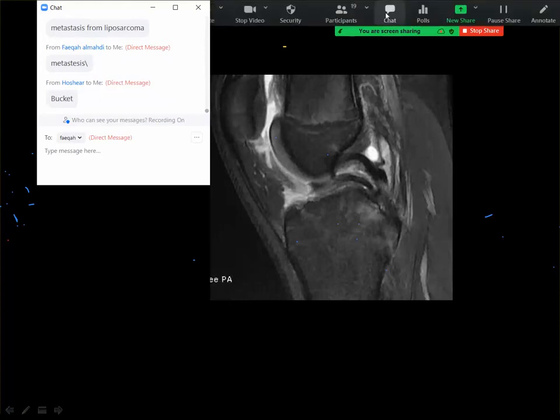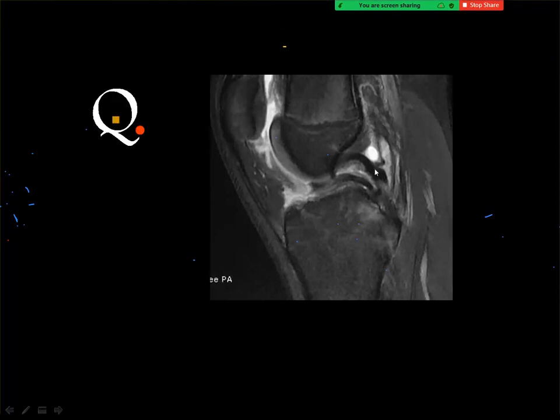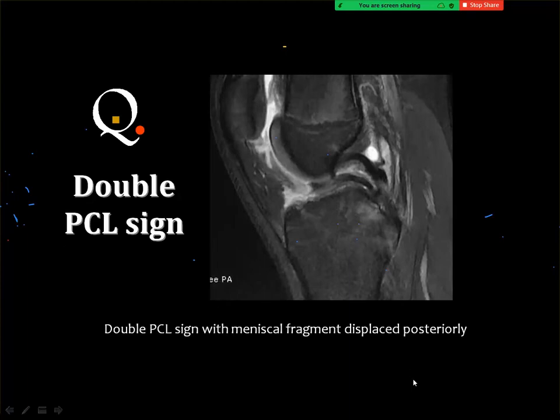Yes, and this is right. Bucket handle tear. A straightforward case with double PCL sign. And whenever you are confronted by a similar case in the spot exam, don't say that this is double PCL sign, but say the correct diagnosis, which is bucket handle tear of the posterior horn of the medial meniscus.